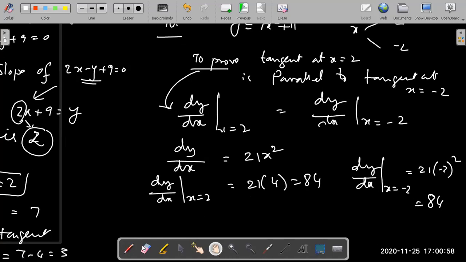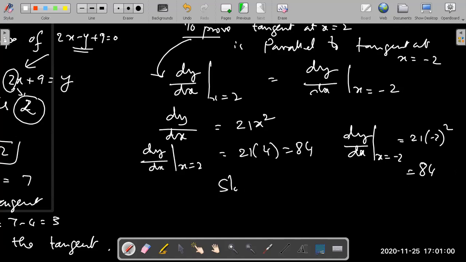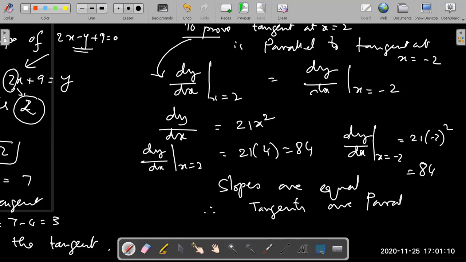So proved, slopes are equal. Therefore, tangents are parallel. So we have proved that. Then we go to question number 17.